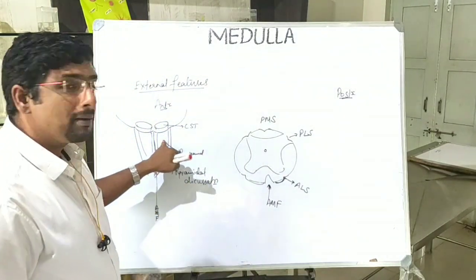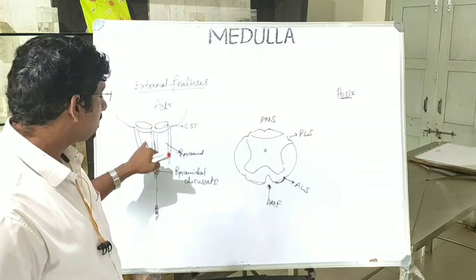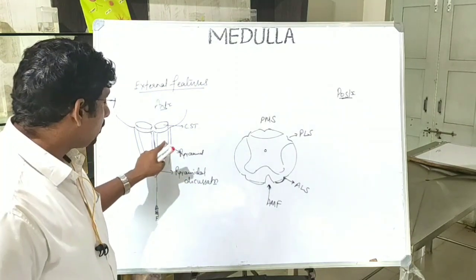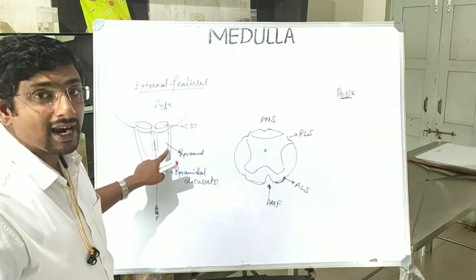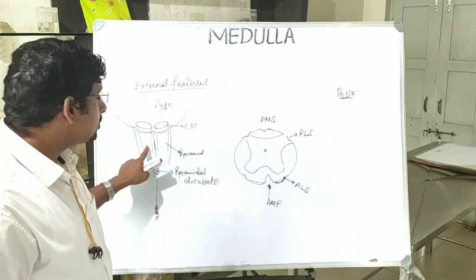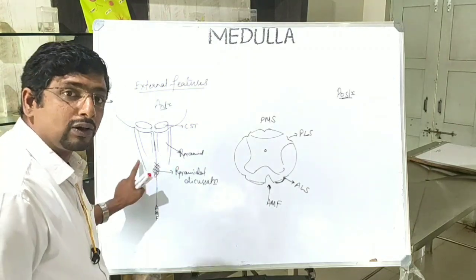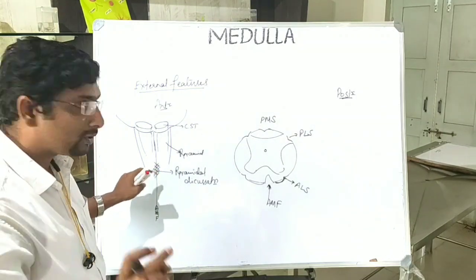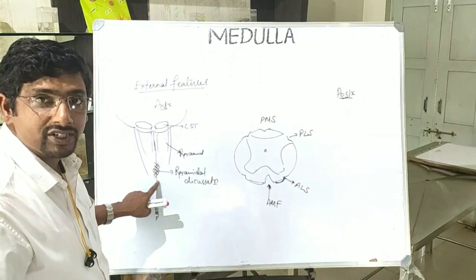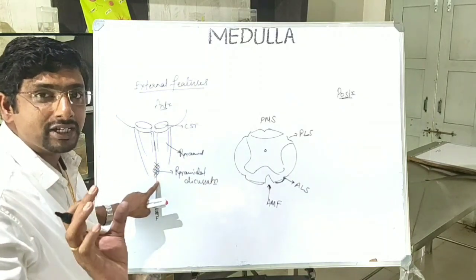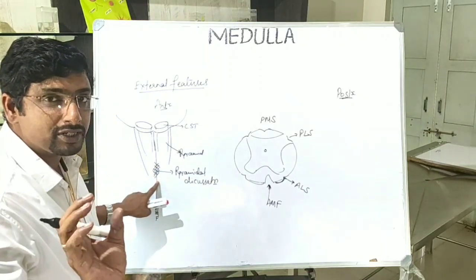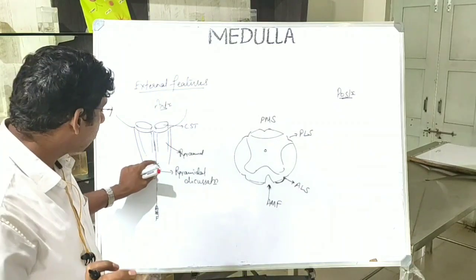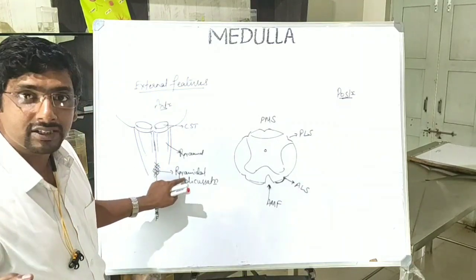So one thing is a pyramid on either side of the anterior median fissure, due to the presence of pyramidal tracts inside it, and those pyramidal tracts are going to cross over in the lower part of the medulla oblongata. Due to that, the anterior median fissure will be diminished or not conspicuous on the lower part of the medulla oblongata, and that part is called the pyramidal decussation.